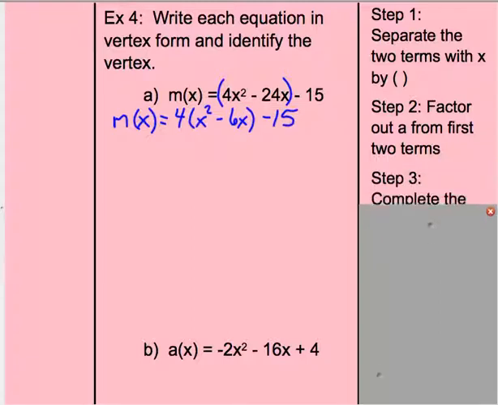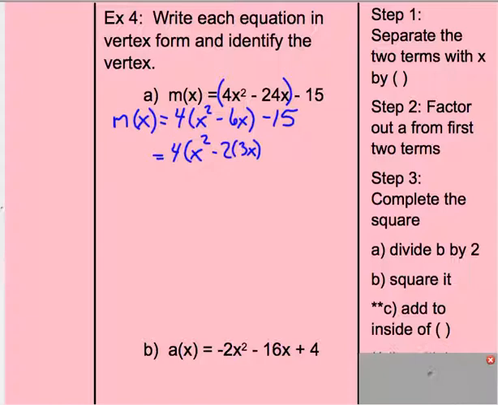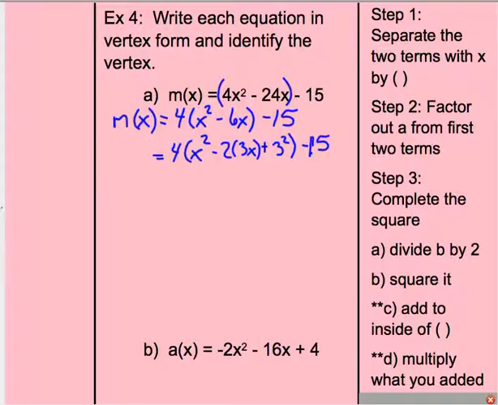Then we complete the square with what's inside the parentheses, so I start by dividing my b term by 2. Square it and add it inside. And then I have to distribute that a to that term I just added.